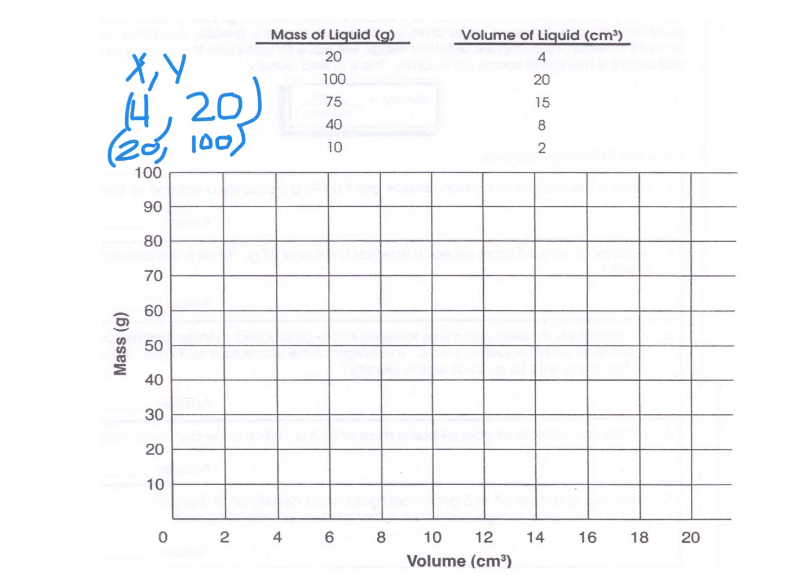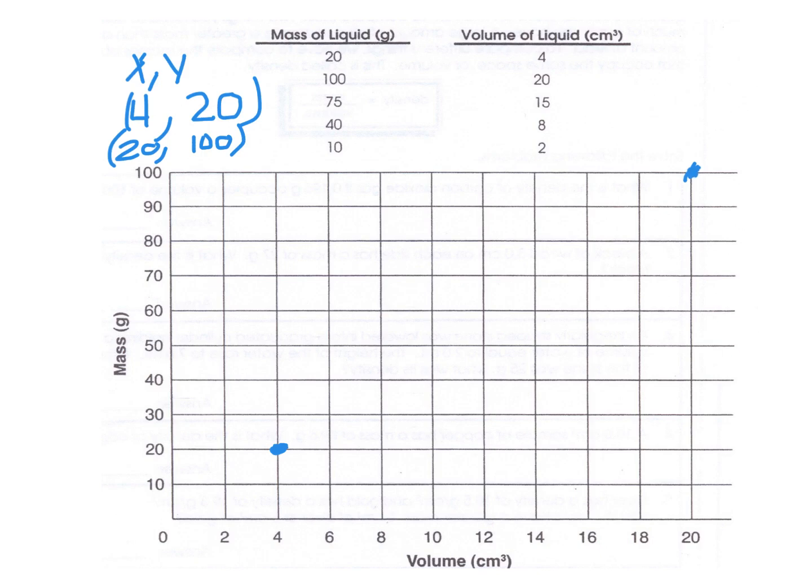Okay, so go ahead and graph your points. Here's 4. You're going to find 20, and there's your point. And then the next one, we have an x value of 20 with 100, and there's your point. Get your point put in. So go ahead and graph those points.